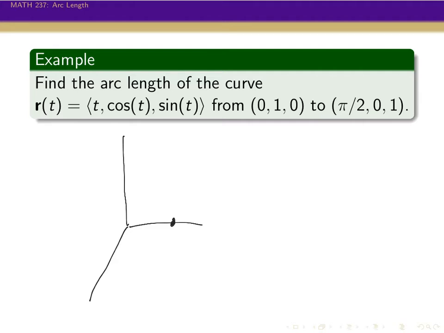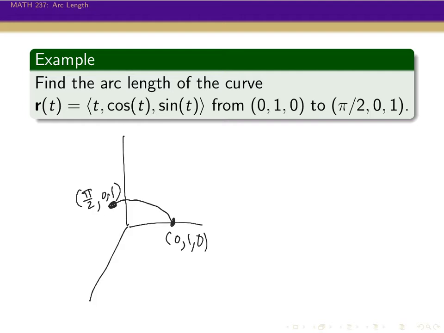So this is all being cut along the cylinder that goes down the x-axis. And the x part is curving out the edge of this, right? And so this is going from the point (0, 1, 0) to (pi over 2, 0, 1).